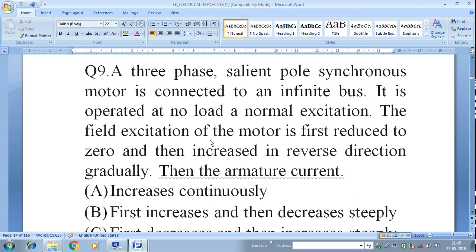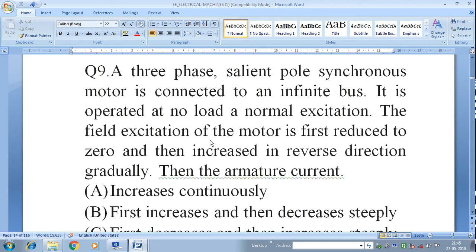That is, when the field is excited, the armature or stator conductor cuts the field flux alternately. That is, when the rotor starts rotating, the field flux is cut alternately, first by south pole, then by north pole, then by south pole, then by north pole.